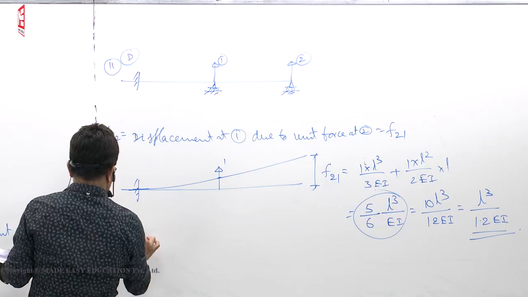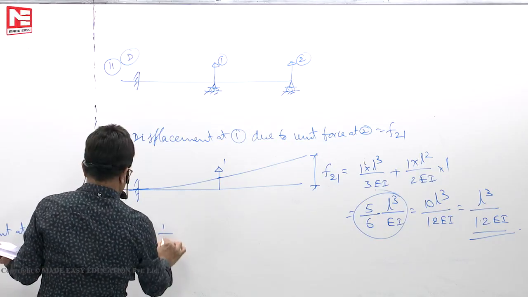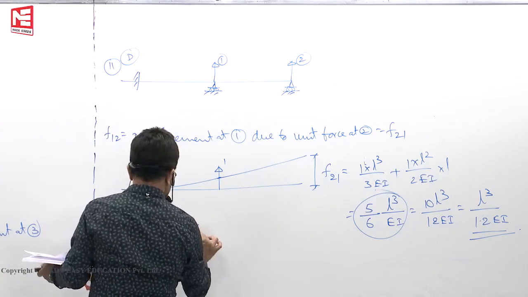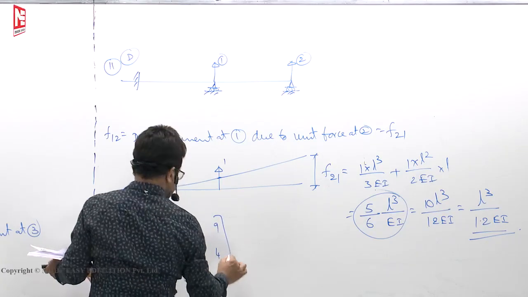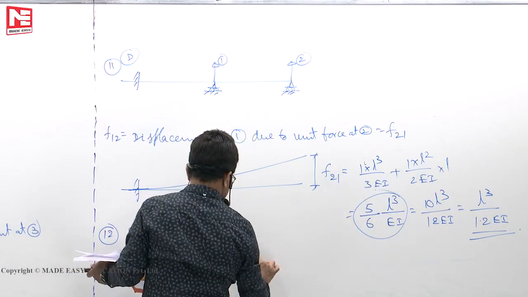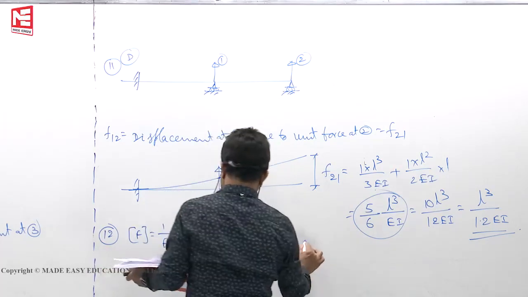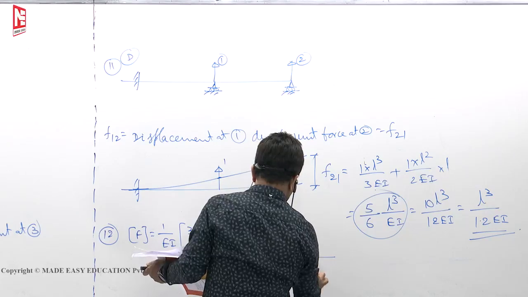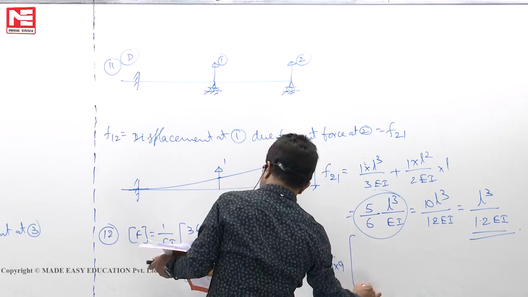12. Flexibility matrix, he wants to call it as F, say 1 by EI, 36, 9, 9, 4. Then the stiffness matrix is the inverse, F inverse. That means 1 by EI becomes EI over 36 into 4 minus 9 into 9.